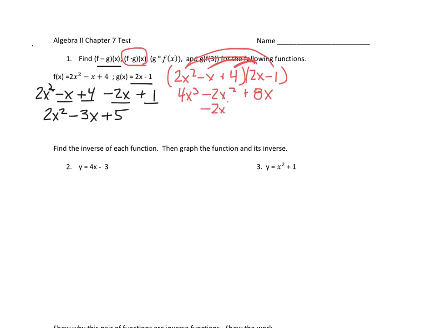I'm placing it right here to keep those like terms together. Negative x times 1 is a positive x, and 4 times a negative 1 is a negative 4. Then I'm combining like terms, which is like adding functions. So I have 4x cubed minus 4x squared plus 9x minus 4.